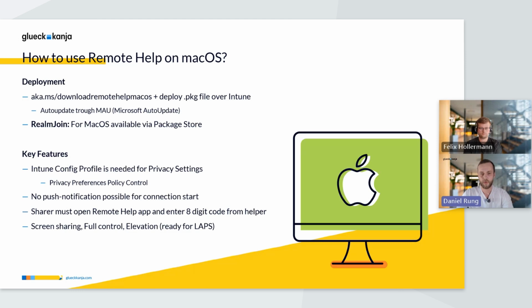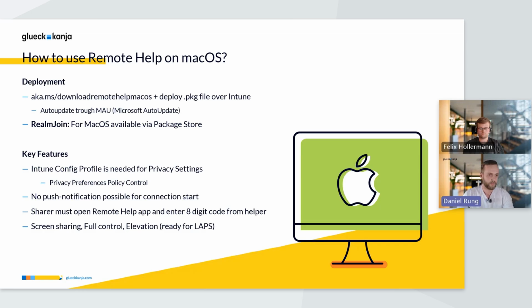If someone wants to connect, the user needs to open Remote Help by himself, and he needs to put the 8-digit code from the helper inside. Yeah, and there's also screen sharing and full control. Not a real elevation like on Windows with secure screen and UAC, but we tested it. It's ready for Intune.